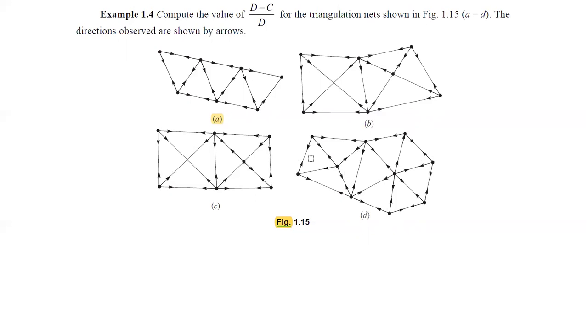Now, how many lines? First count 1, 2, 3, 4, and 4 extra, that is 8, 9, 10, 11, 12, 13, 14, 15, 16, 17, 18.